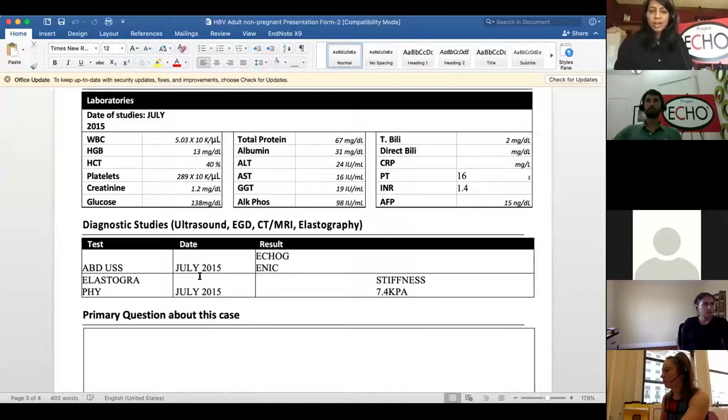Okay, so those are very helpful things to try to tease out whether or not this person had more advanced liver disease, which I think we're going to talk in more detail next week, versus an earlier stage of liver disease. So really, the next step, which we're going to talk about in the coming modules, is how do you synthesize all of this information to make it very useful to see whether or not this person has more advanced liver disease or not as advanced.